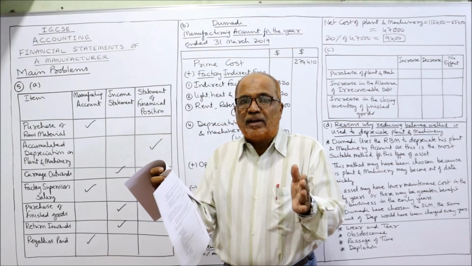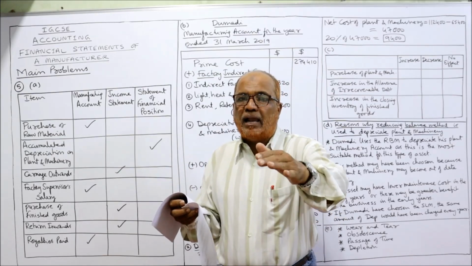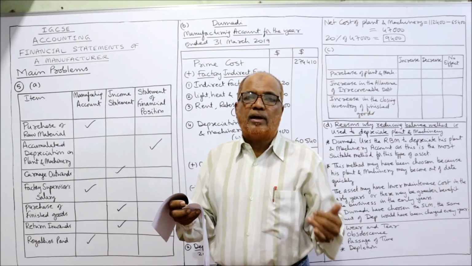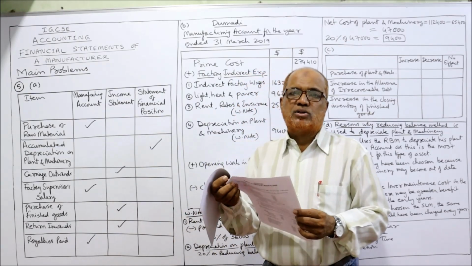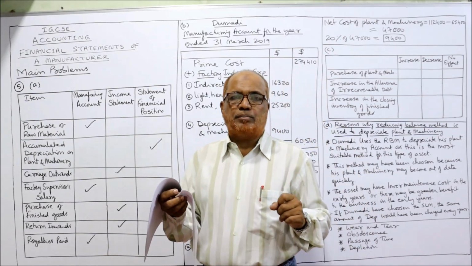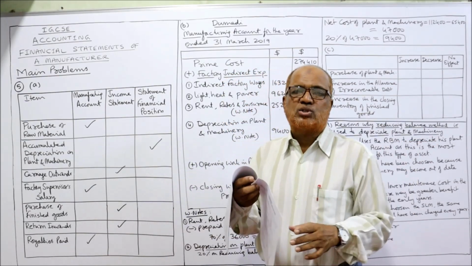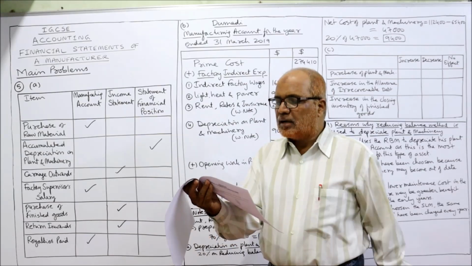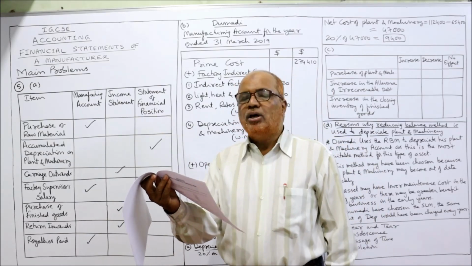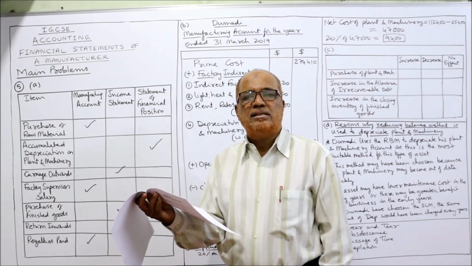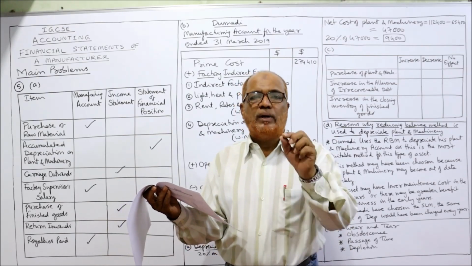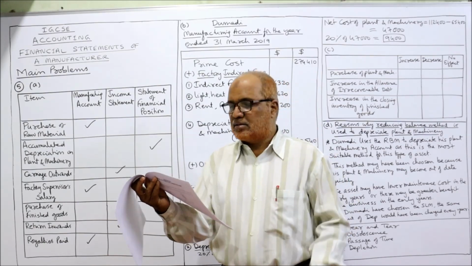So we have to bifurcate. 70% should be allocated to manufacturing and 30% will be allocated to income statement. Depreciation is to be provided on plant and machinery at 20% per annum using reducing balance method. So we have to calculate depreciation at 20% on reducing balance method.